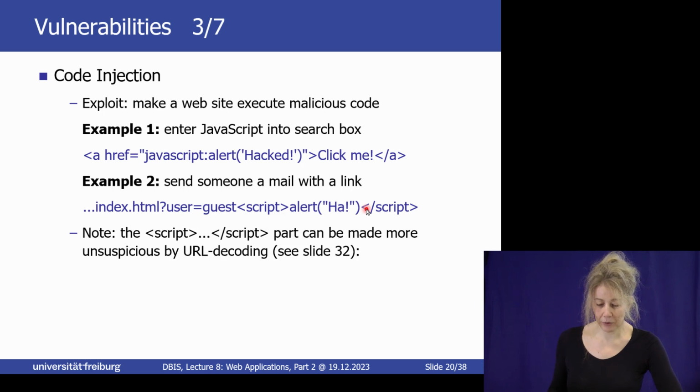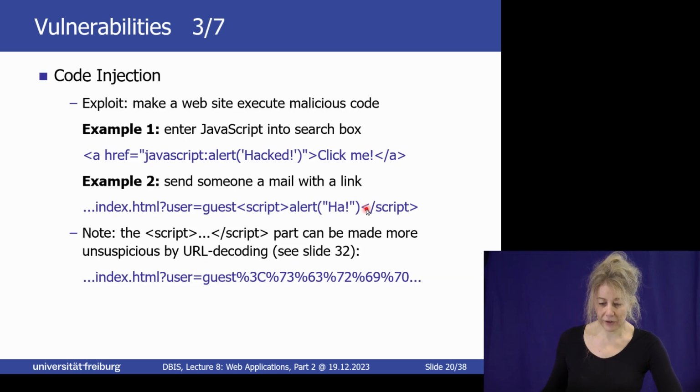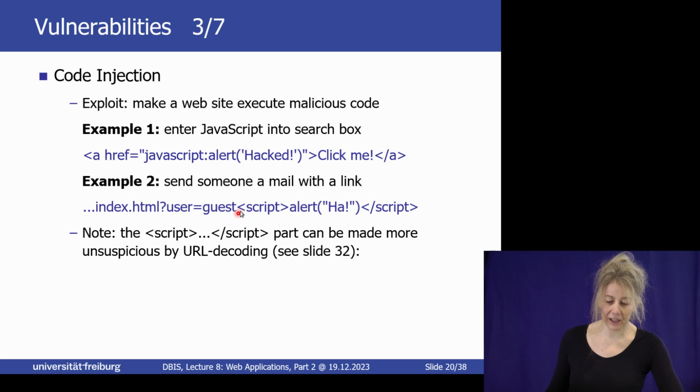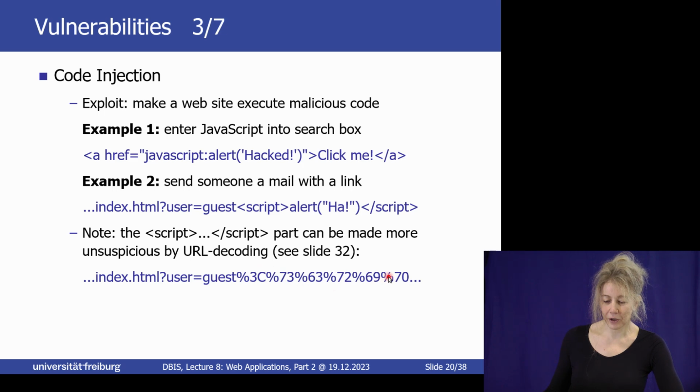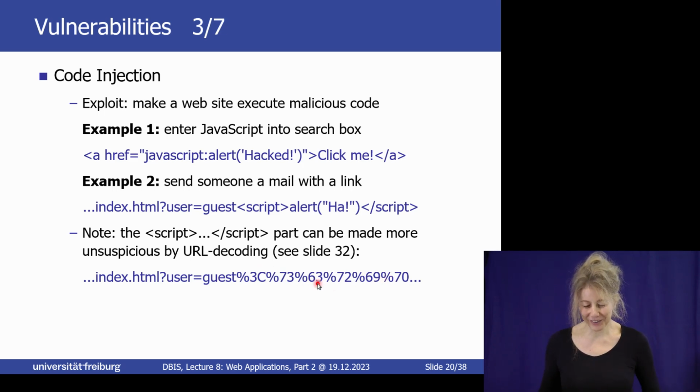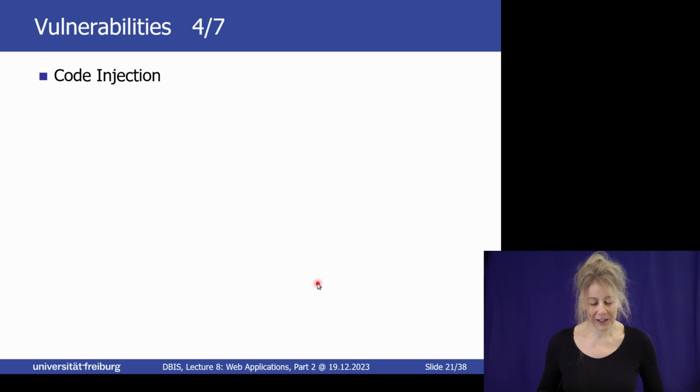It's maybe a bit more dangerous already. Now you say, well, I will see that if there's a script tag in the URL, but there's URL decoding. We will talk more about it in a second. You can just obfuscate this, right? So if you get links with a lot of funny characters like this, be aware that maybe you should look at it more closely. Okay.